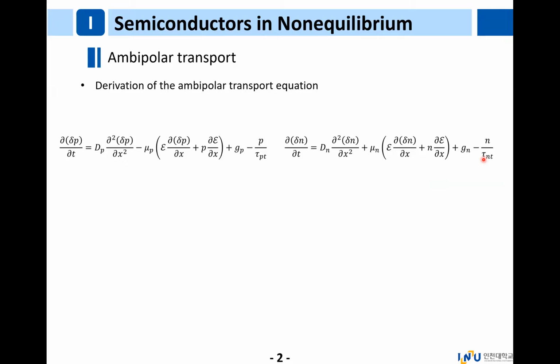So we can assume that the concentrations of excess electrons and excess holes are equal, right? Additionally, to simplify the equation, we will assume that the generation and recombination rates of electrons and holes are also equal.